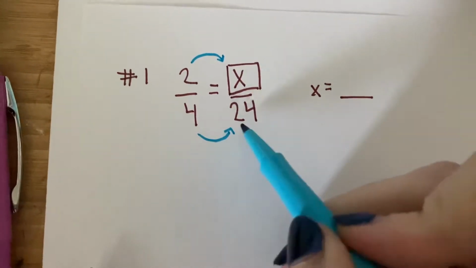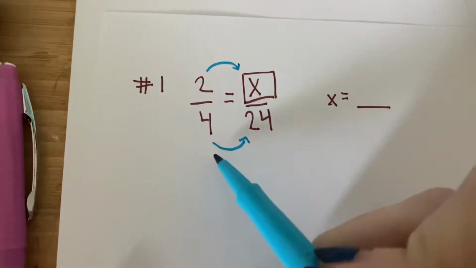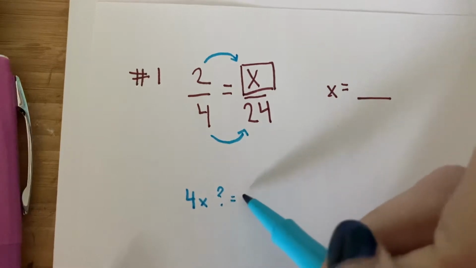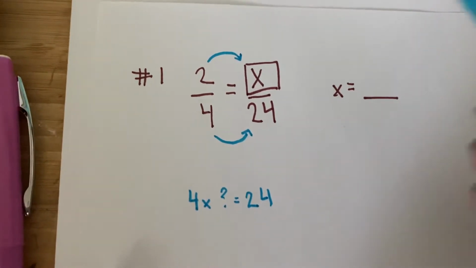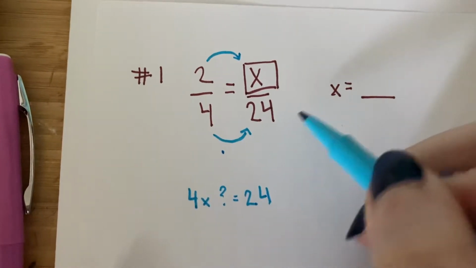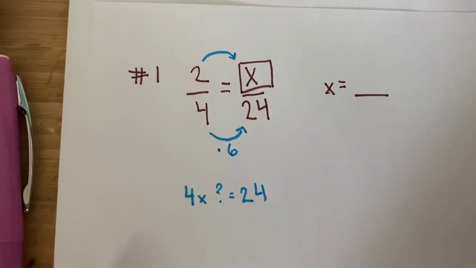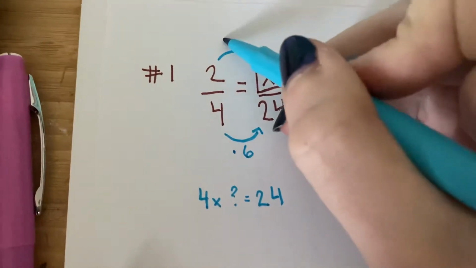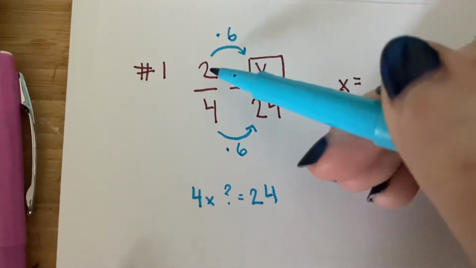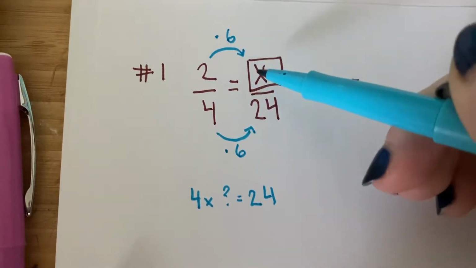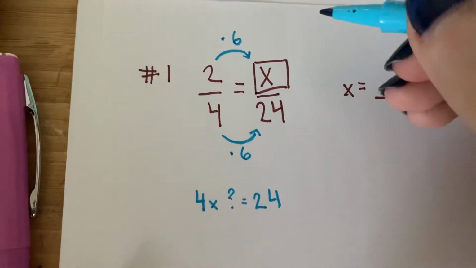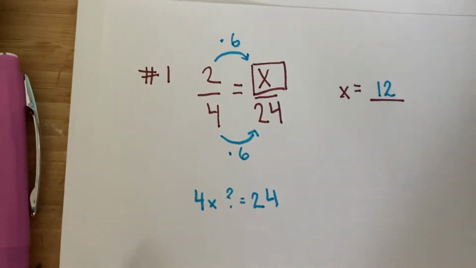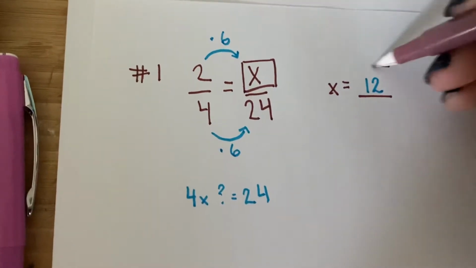However, I can look at the info I do know. I know that 4 times something equals 24. I know that's times 6. Because every action has to be equivalent, I'm going to multiply by 6 here. So 2 times 6 equals X. 2 times 6 is 12. So X equals 12. That's my final answer.